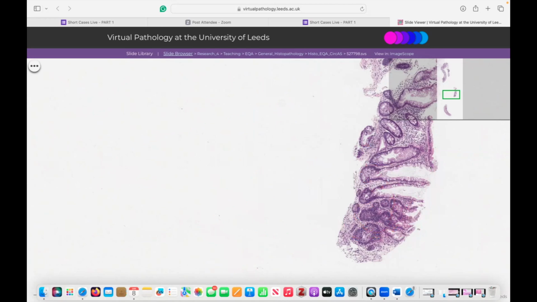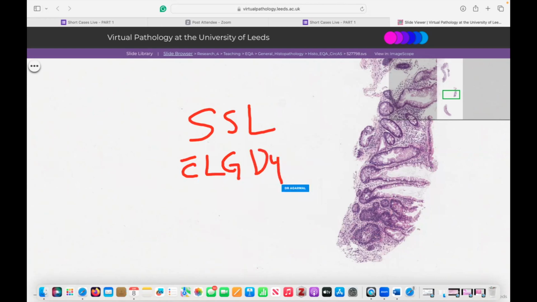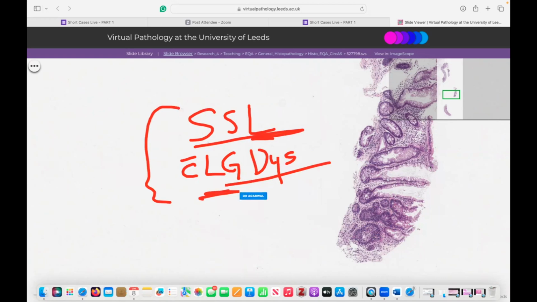So this case was SSL with low-grade dysplasia. Generally, SSLs will not have dysplasia, but this was a polyp which had SSL with low-grade dysplasia. When you have a serrated lesion with low-grade dysplasia, then it becomes a high risk polyp. So they will increase the frequency of surveillance.